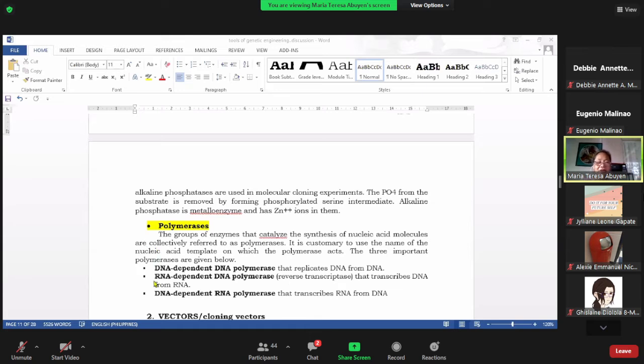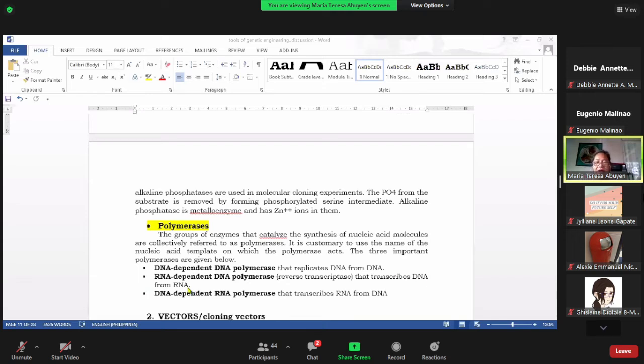Of the 3 polymerases mentioned here, only the RNA-dependent DNA polymerase was not discussed. RNA-dependent DNA polymerase is also called reverse transcriptase. Reverse transcriptase transcribes DNA from RNA.